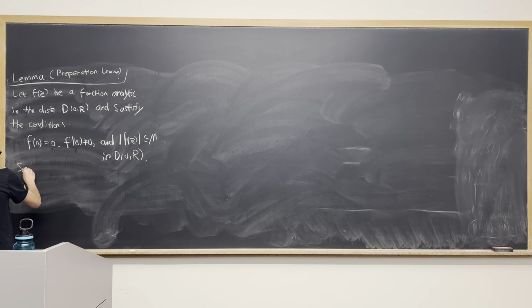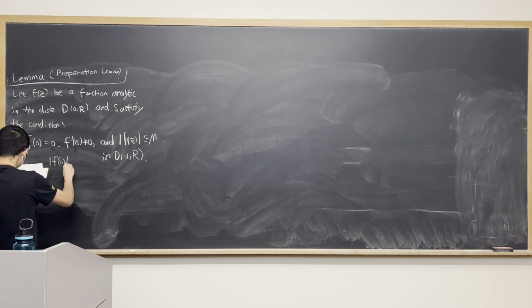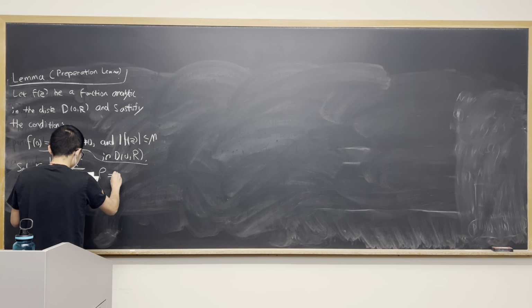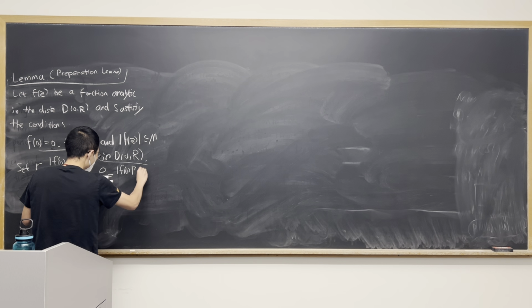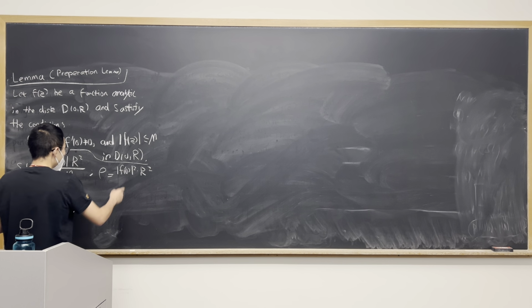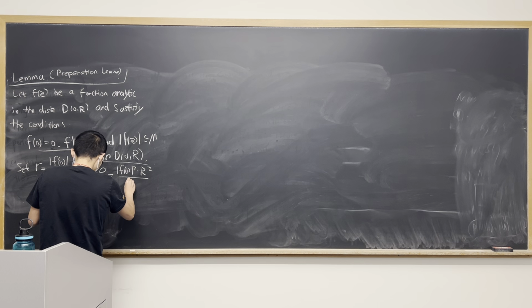Then we set r equal to the modulus of f prime 0, which is the modulus of the coefficient associated with the first derivative, over the modulus of the coefficient associated with the second derivative, and then we let rho be the modulus of f prime 0 squared times R squared, where this R is the big radius here, over 6M.